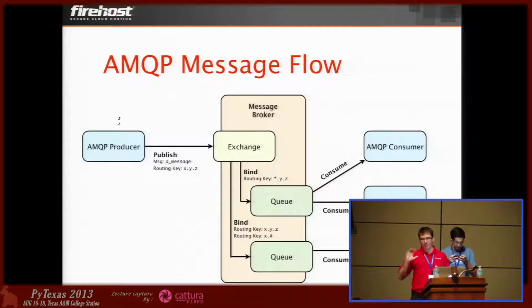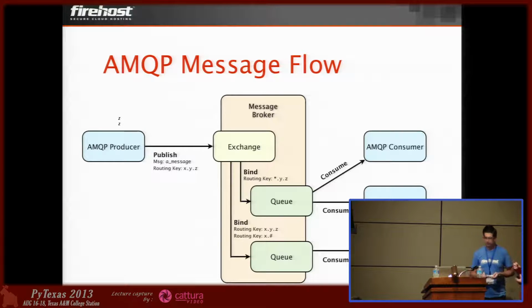So to talk about AMQP in a little more detail, to frame how we use it and what AMQP can actually do to solve our problems: this gives you an idea what AMQP message flow looks like. Basically, it's a brokered messaging system. The important concepts in AMQP are the exchange, the queue, and then the producer and the consumer. An AMQP producer sends messages to an exchange.